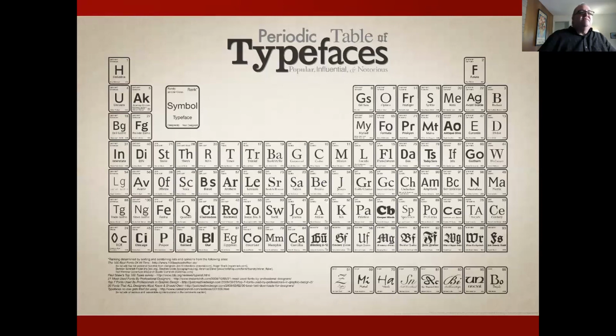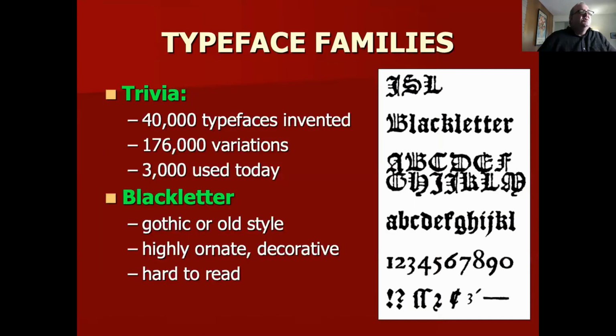Periodic table of typefaces. This is just sort of for fun. There are about 40,000 typefaces out there, and there's probably more than that now because this number is a little bit old, but there's 176,000 different variations.